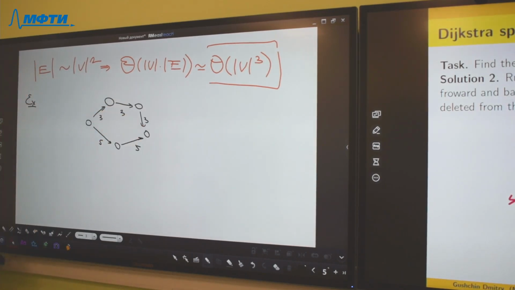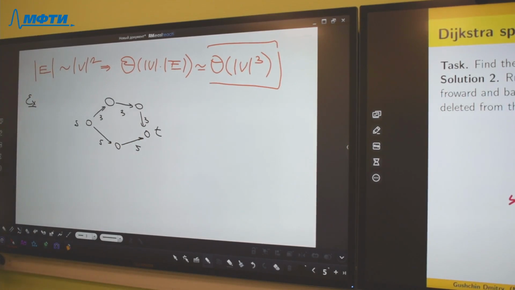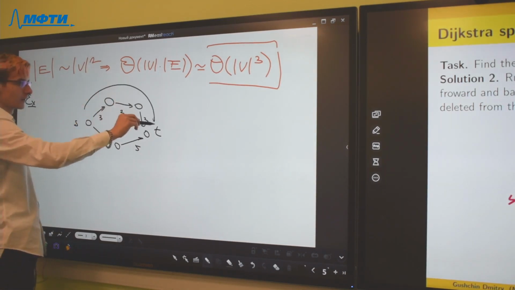If we have this graph, and this is S and this is T, what is the shortest path between S and T? The upper path, yes, it is shorter.